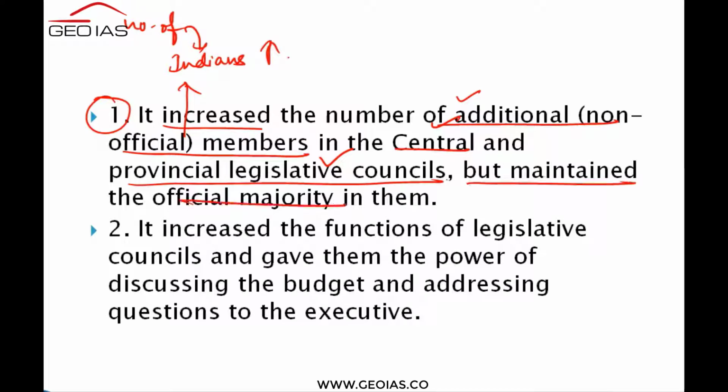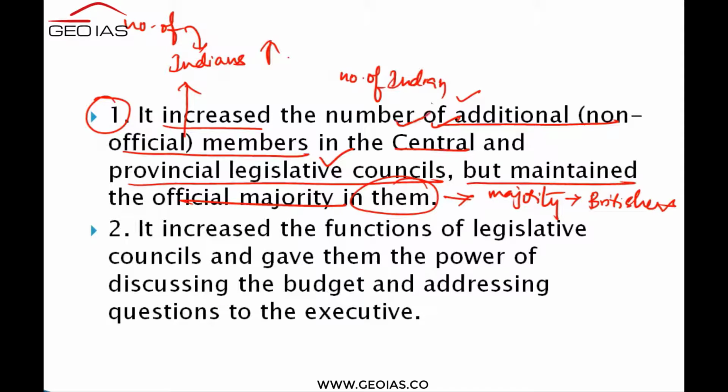So most of the people in the councils were Britishers, but the number of Indians got increased. Gradually Indians are introduced into these legislative councils at both central and provincial level.